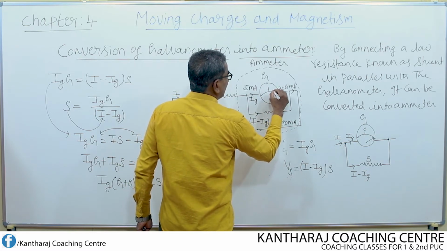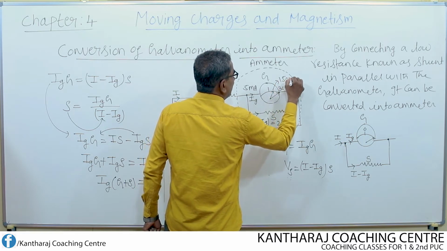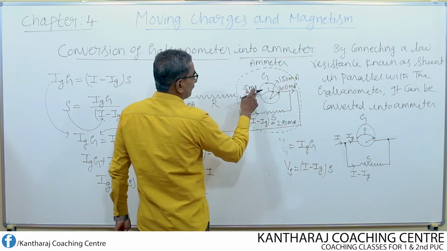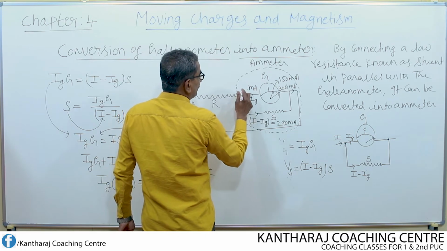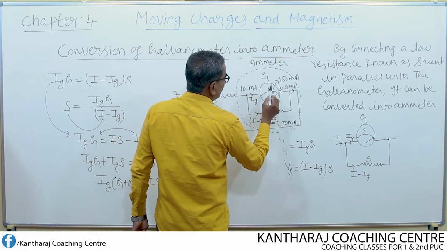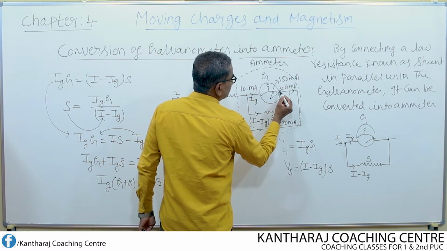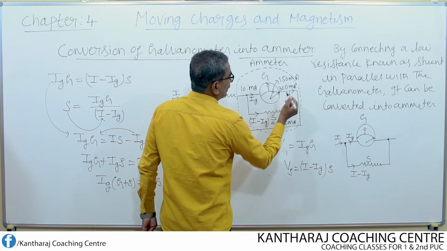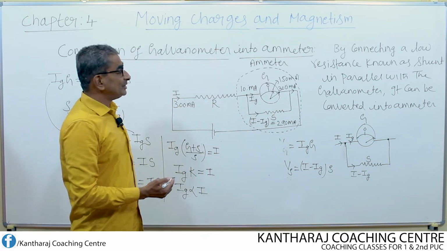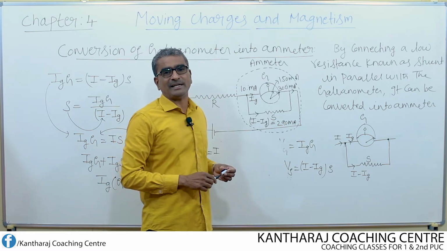Say for example, this value may be equal to 150 milliamps. Instead, suppose 10 milliamps flows, then the pointer moves from 0 to this point. Now this point should correspond to how much? 300 milliamp. So this is how the scale in the galvanometer should be calibrated.